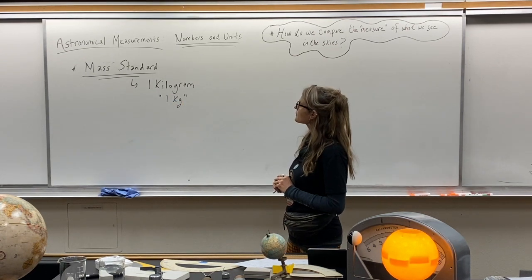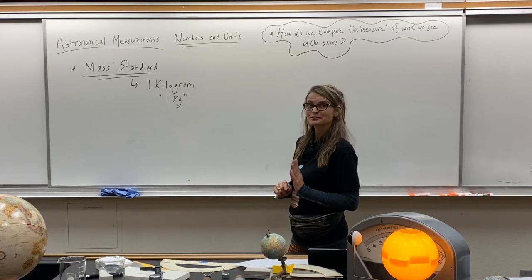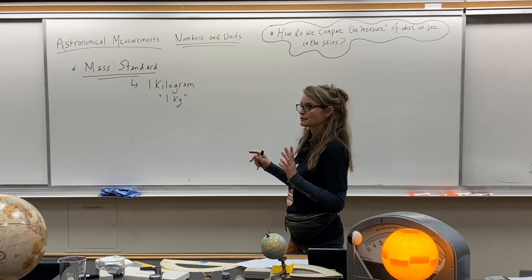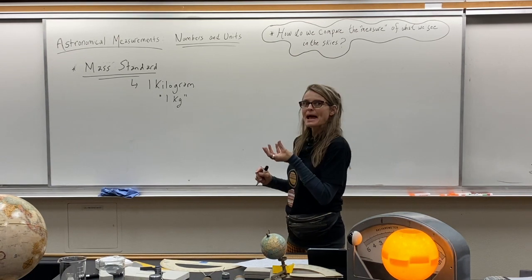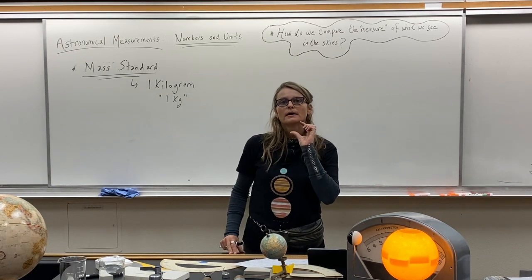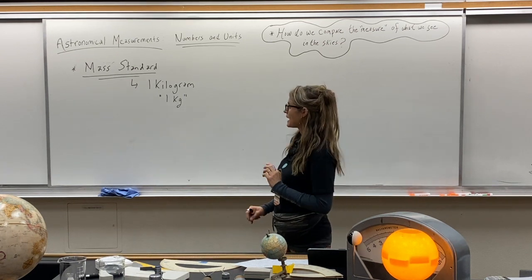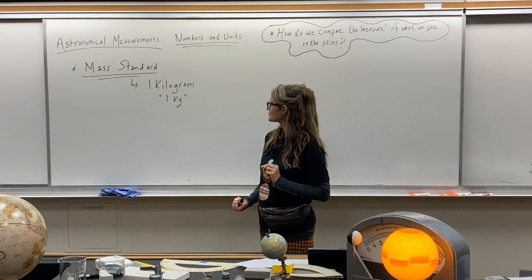This has just changed recently, a year or 2 years ago. A kilogram used to be defined as the mass of this lump of iridium platinum in a vault in France, but it had problems because it would lose a bit of mass over time.